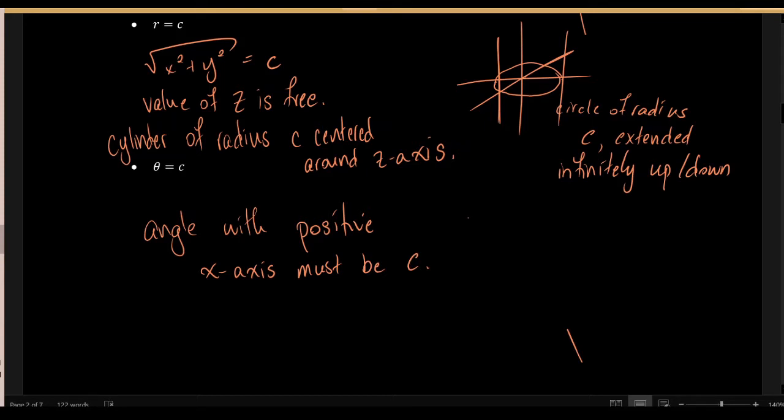Because of that, neither the point's height nor the point's distance from the origin really matters at all.